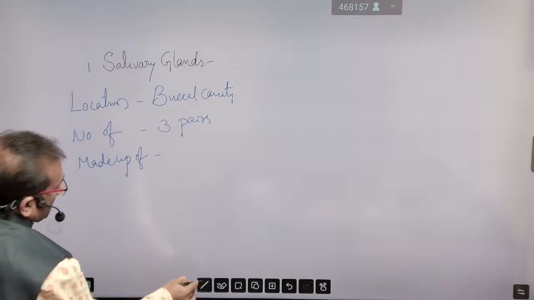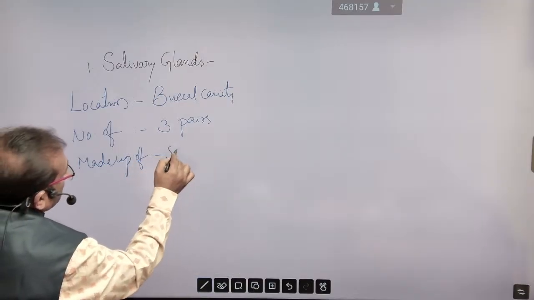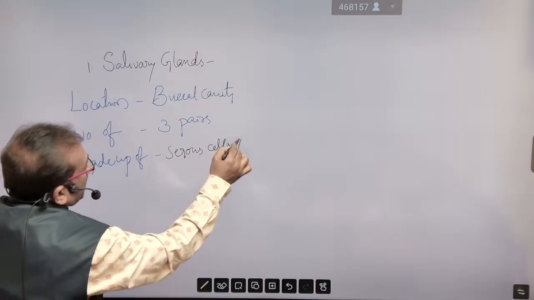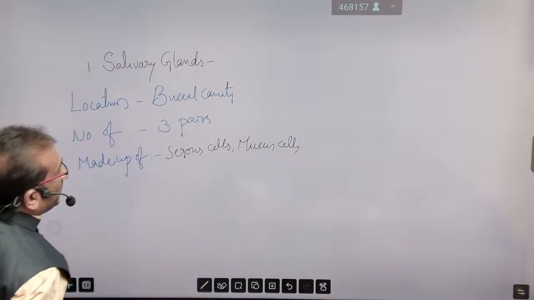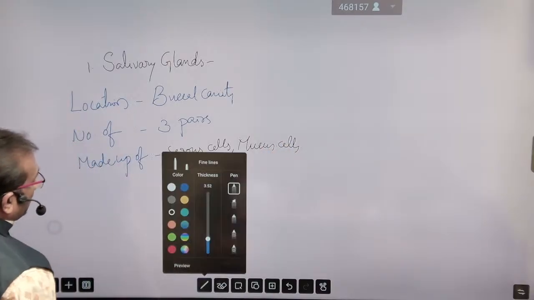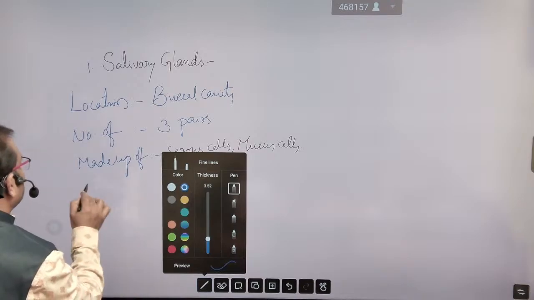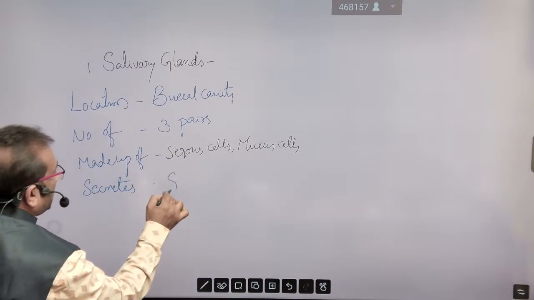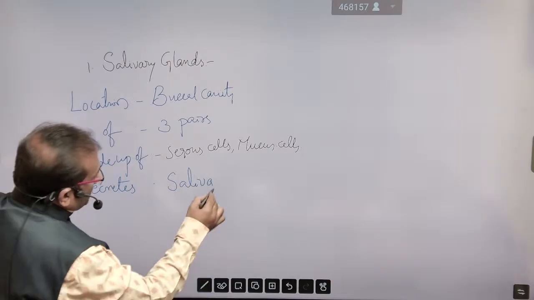Salivary glands are made up of serous cells and mucous cells. And they secrete saliva. What does saliva contain?